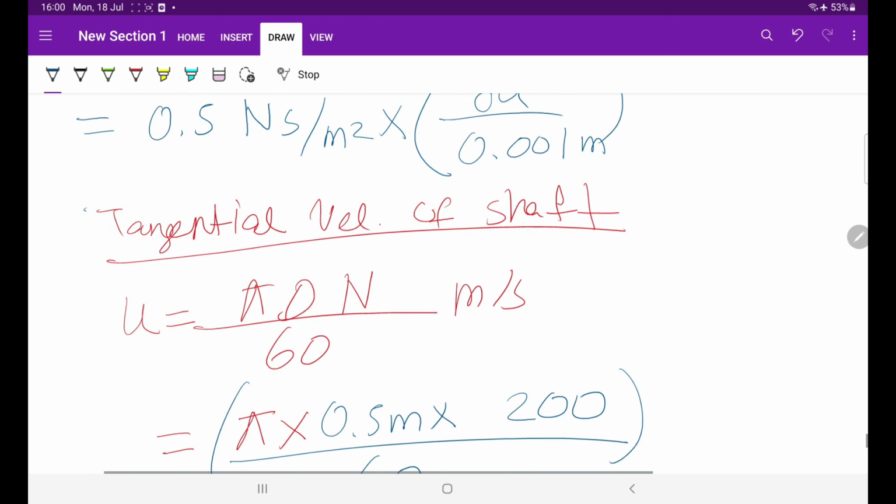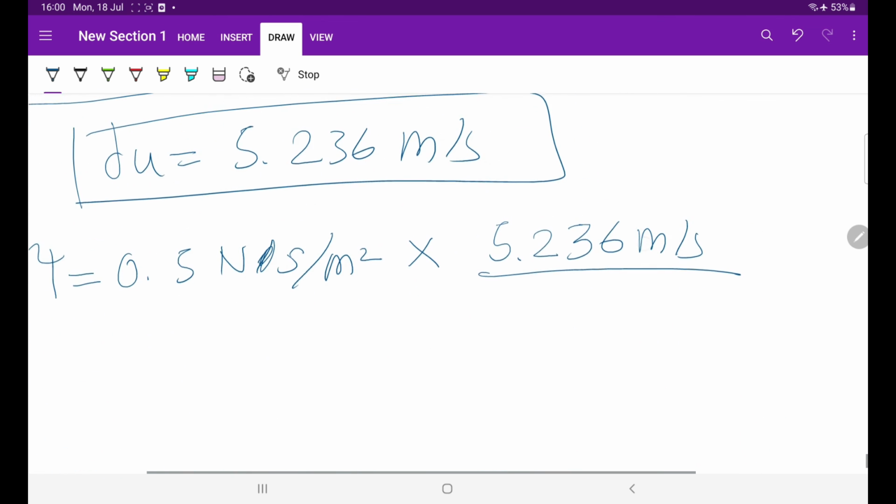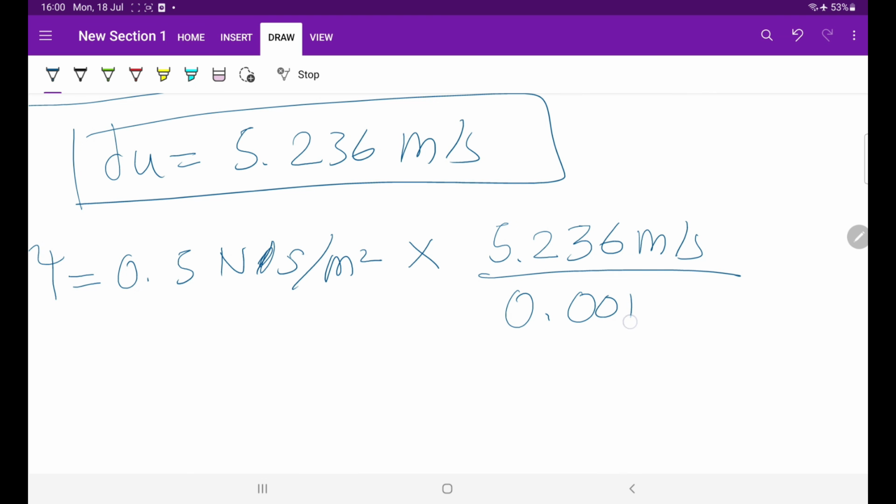Now dy we have 0.001 meter. If you just do it, it will be 0.5 into 5.236, divided by 0.001. Now this will be 2618.